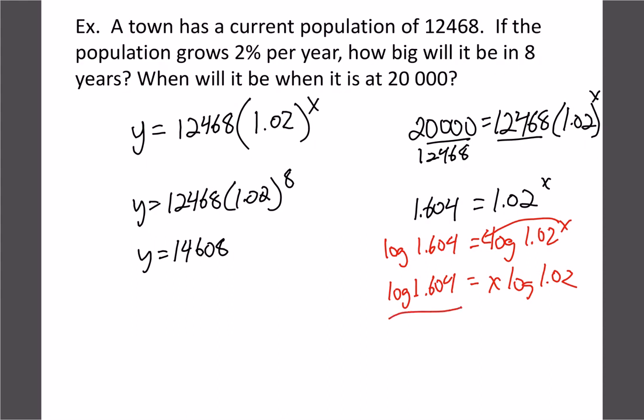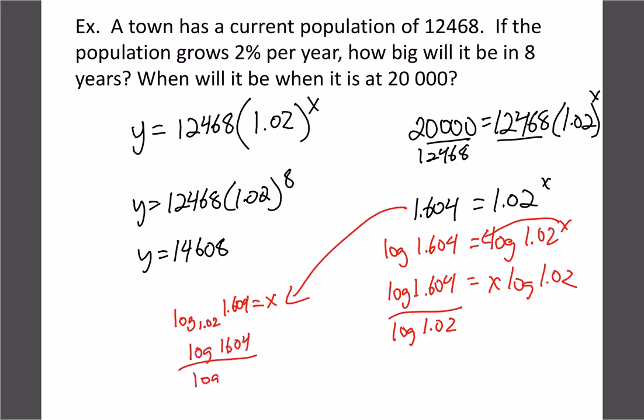So we get log 1.604 divided by log 1.02 equals x, which would be the same if we rearranged this equation using the crisscross idea. You'd have log base 1.02, crisscross would have 1.604 equals x, and then from there we would divide it out anyway. So there's a couple different ways of attacking these, we get the same solution either way.